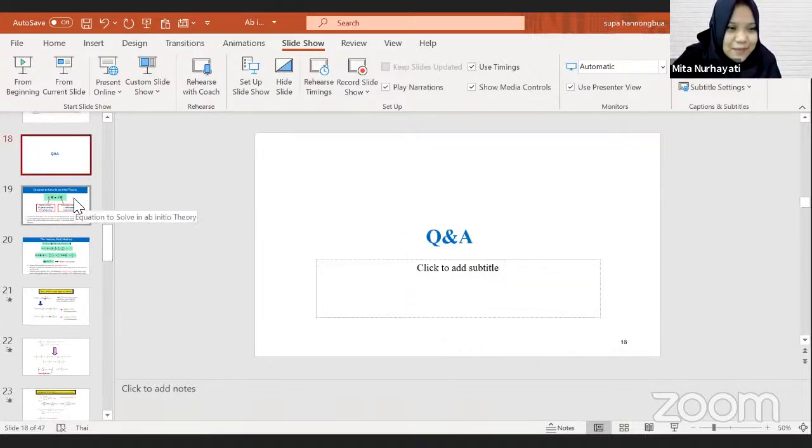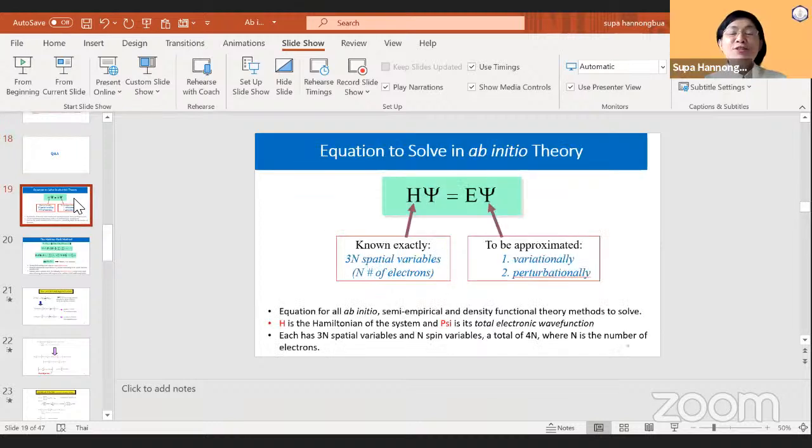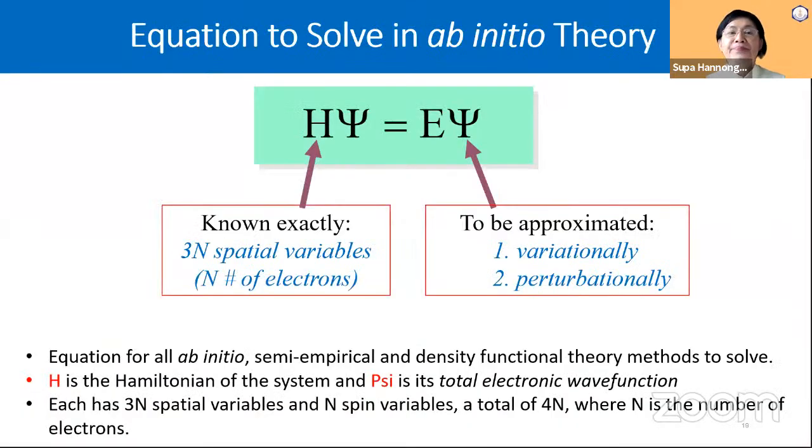Now we will go a little bit to understand the approximation, Hamiltonian and wave function, and the ground state wave function in the Hartree-Fock. Now we come to the equation to solve in ab initio theory: H psi equals E psi.